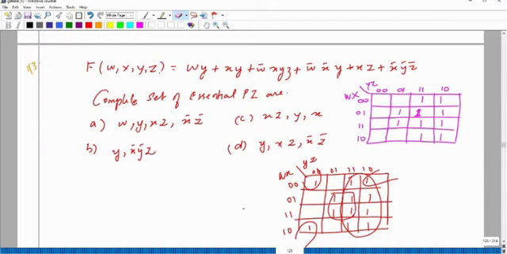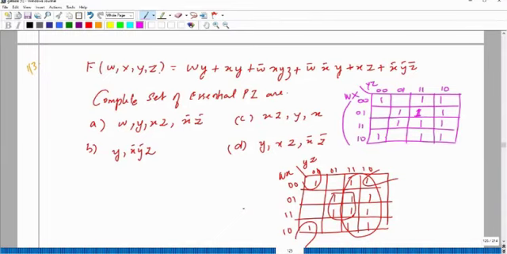Next, X bar, Y bar, Z bar. So X bar you are having here, this is your X bar, and these two are your X bar. And where is Y bar, Z bar? Y bar, Z bar is this one.